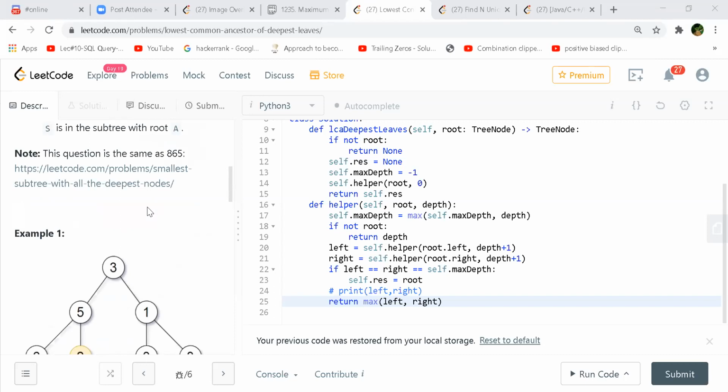There can be more than two deepest leaves in the tree. Then in that case, we need to find the lowest common ancestor of all the leaf nodes, not of any two leaf nodes. In that case, we need to find the whole subtree which has all the leaf nodes. So all those deepest leaves should be a part of that subtree.